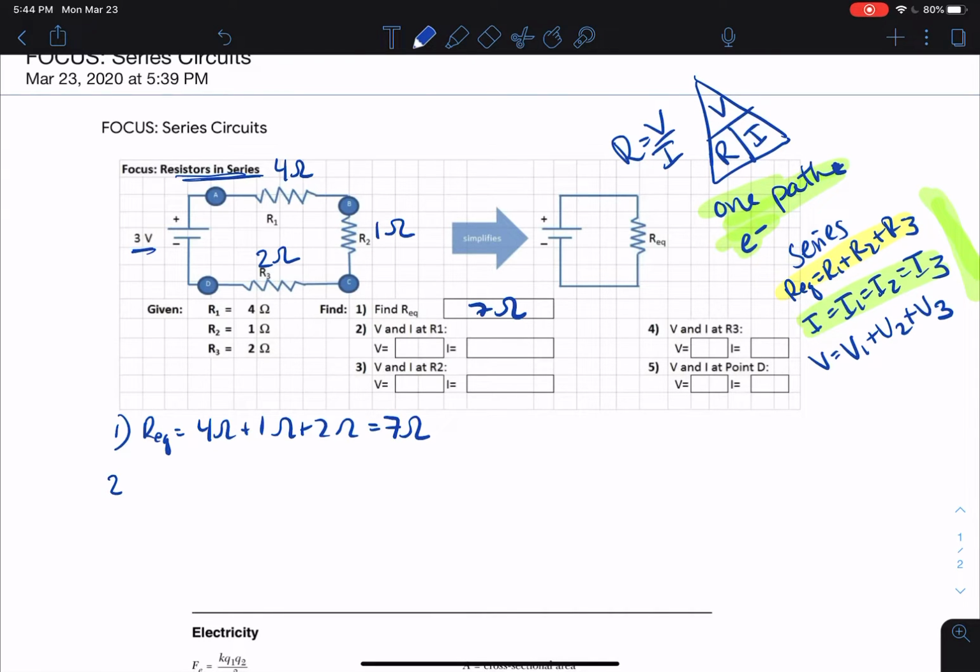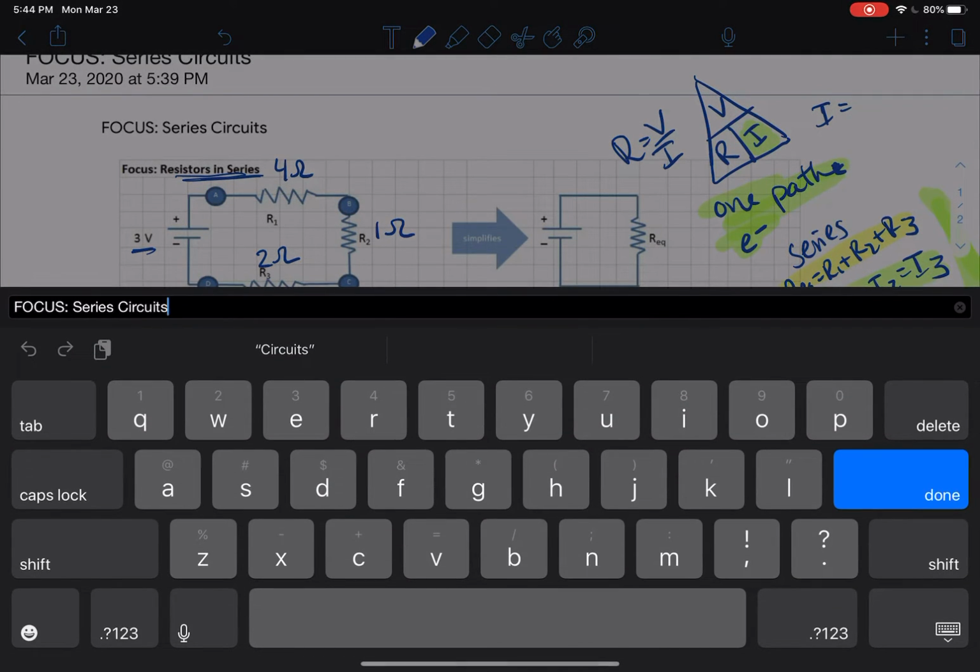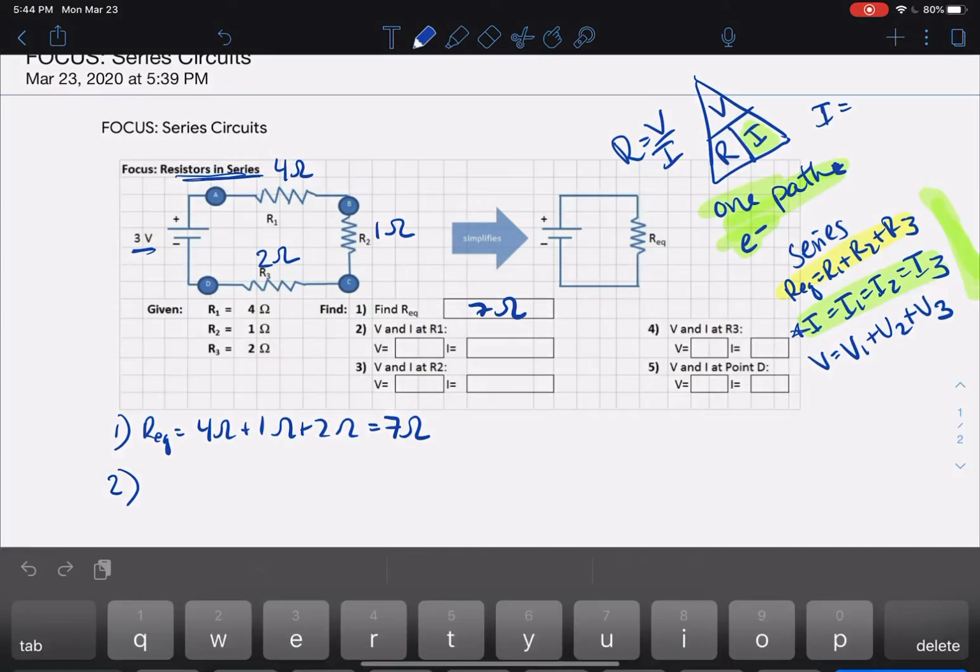So let's do that. But wait, how are we going to do that? We can't use this equation here because it just says all the I's are equal to each other, but we don't know a single one. That's where we're going to use our Ohm's law. So if I want to solve for I using this little triangle, that means I is going to be total voltage divided by total resistance.